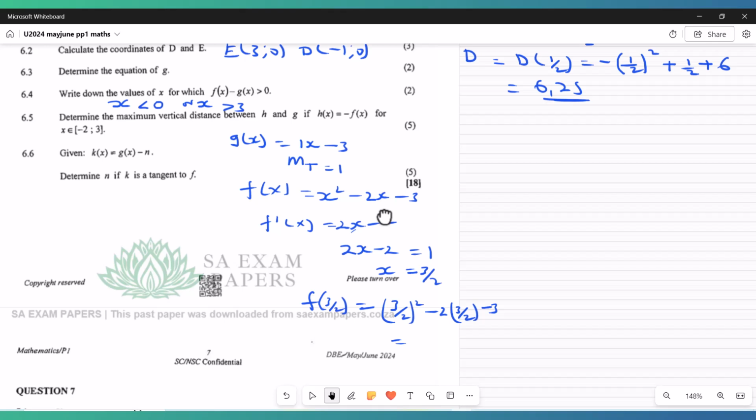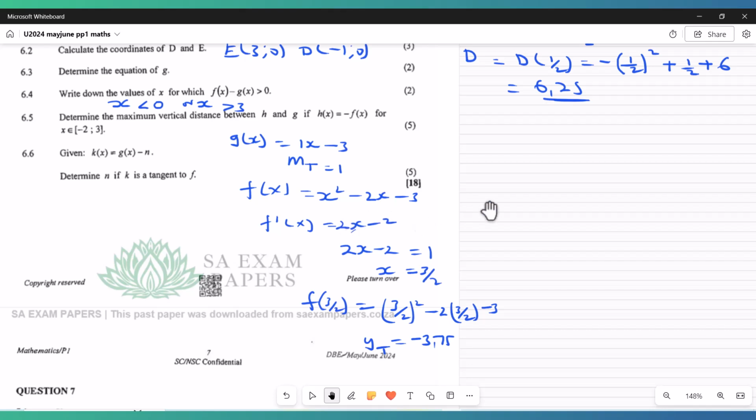So we have negative 3,75. Now this is my y for the tangent at that point, okay? Because it must be the same as that for the function.